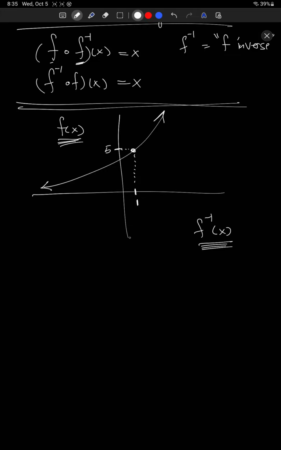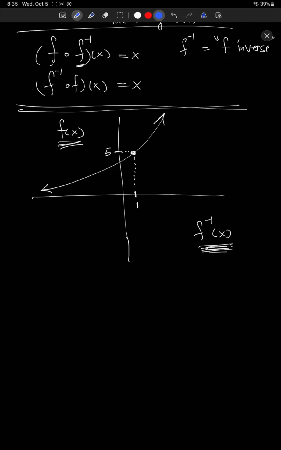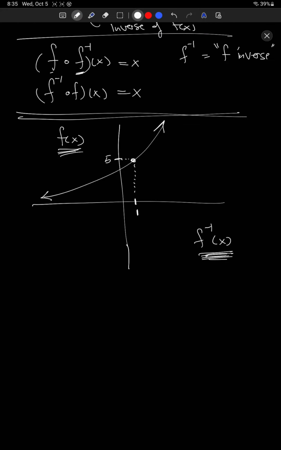What would the graph of f inverse look like? Let me do that in blue. The meaning of this picture here is that f of 1 is equal to 5. Well, f inverse is the function that goes backwards. So if f of 1 is equal to 5, that means that f inverse of 5 is equal to 1. It goes backwards, right?